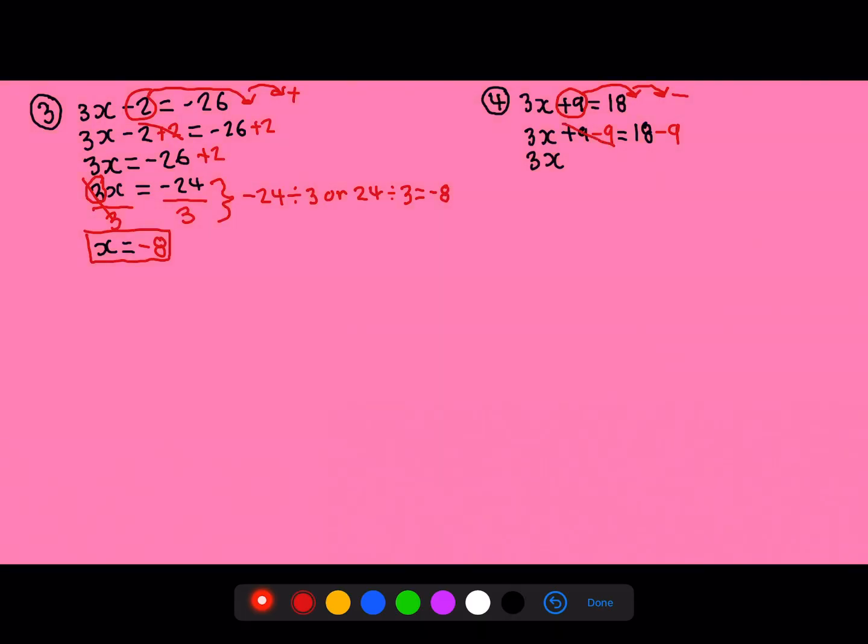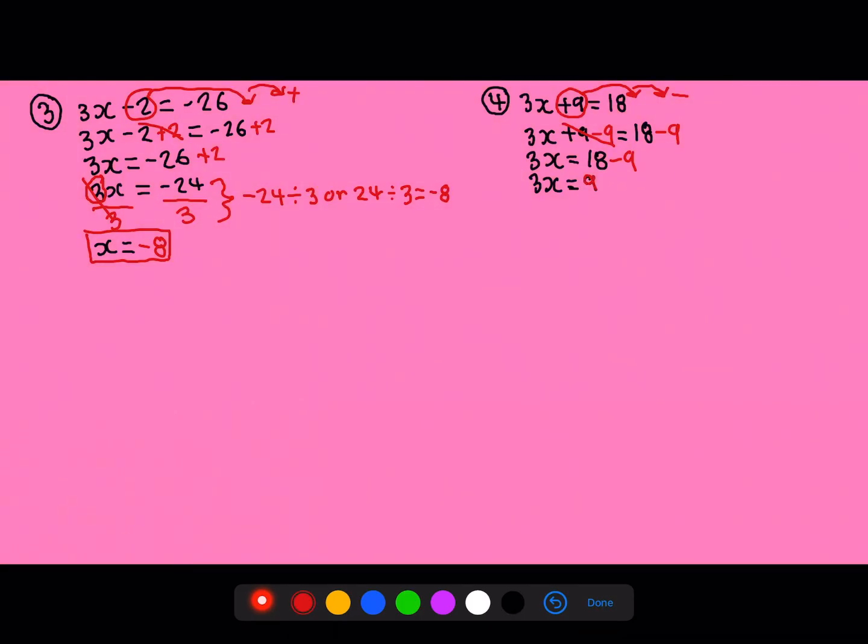So now it would cross out, so now we would get 3x equals 18 minus 9. So 18 minus 9, we do in our heads, so 3x equals 9, since 9 plus 9 is 18.